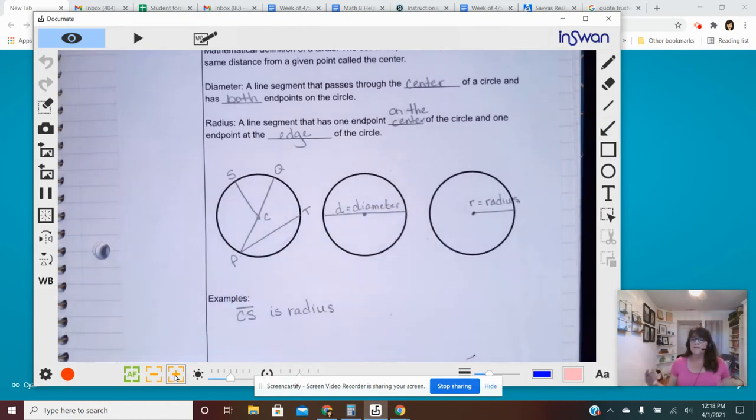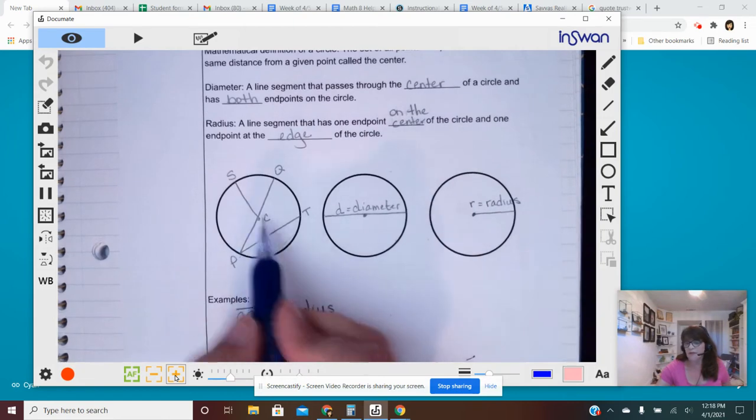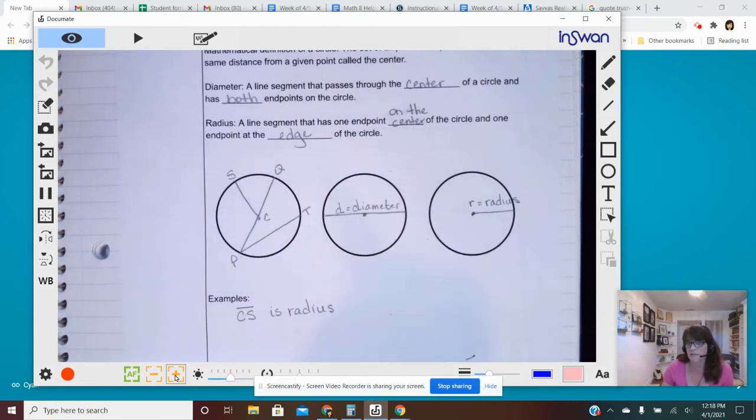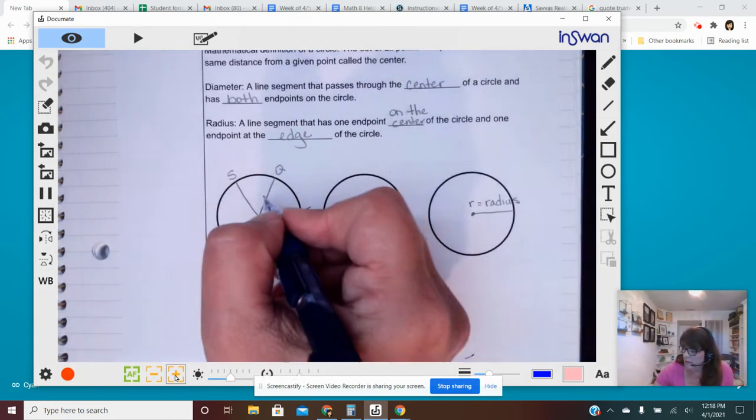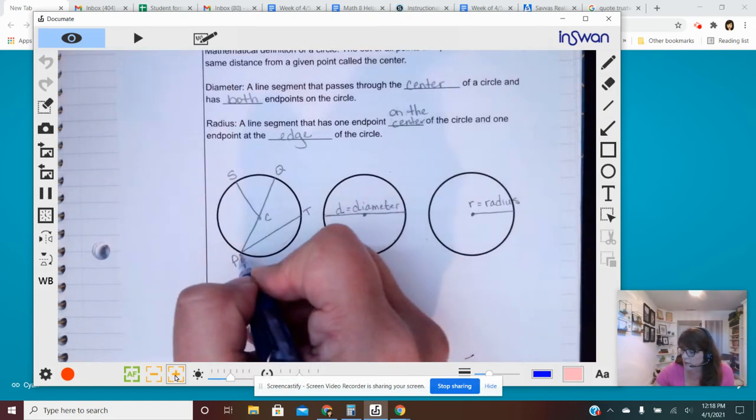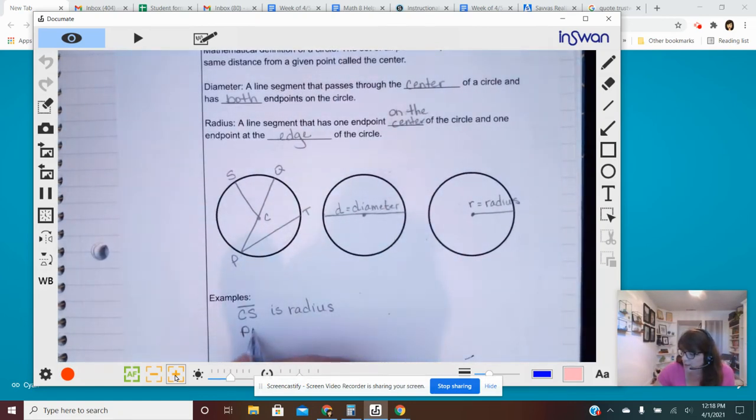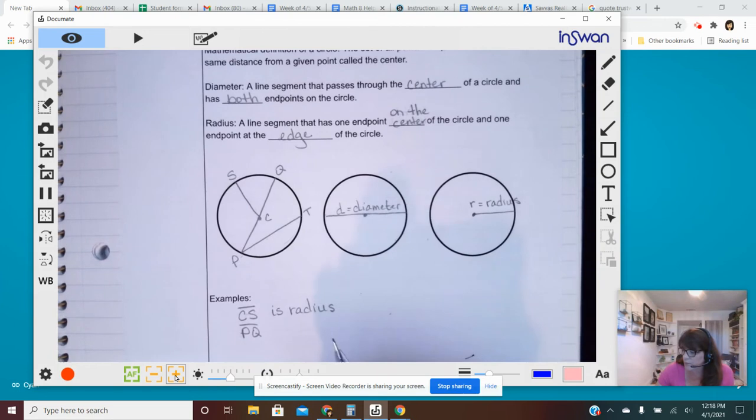Okay, the difference between a line and a line segment: a line is eternal, it goes forever and ever and ever and ever in all directions on the plane. A line segment has ends, so if it's fitting within a circle, it must be a line segment. Okay, now here PQ is a diameter.